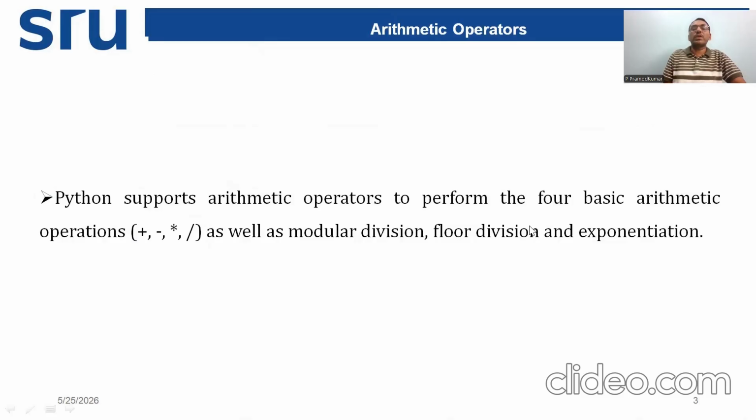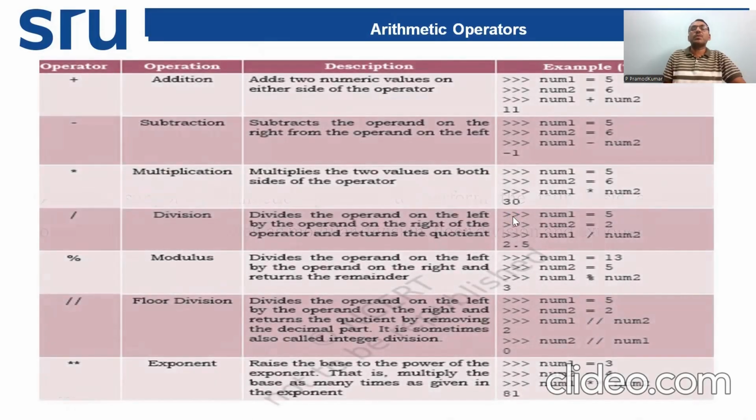Now we'll look into each of those symbols and its corresponding operation. Here is a table wherein we can see the symbols, their corresponding operations, the meaning of each symbol, and an example. Coming to the very first symbol, plus, that is unary plus, or the addition operator. Generally, the addition operator is used to perform the addition operation.